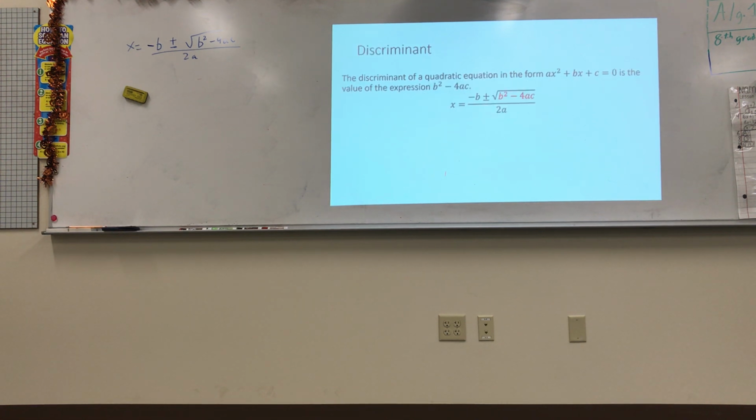Now we have the discriminant, which, of a quadratic equation in the form of ax to the second plus bx plus c, is the value of the expression b to the second minus 4ac. So what's in red there is where the discriminant comes from.